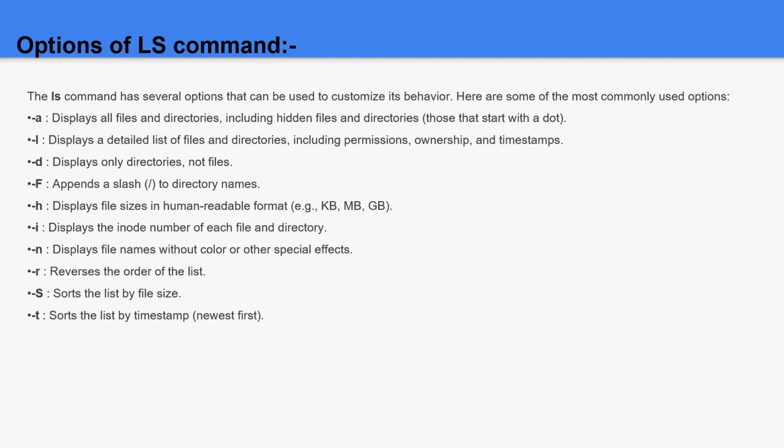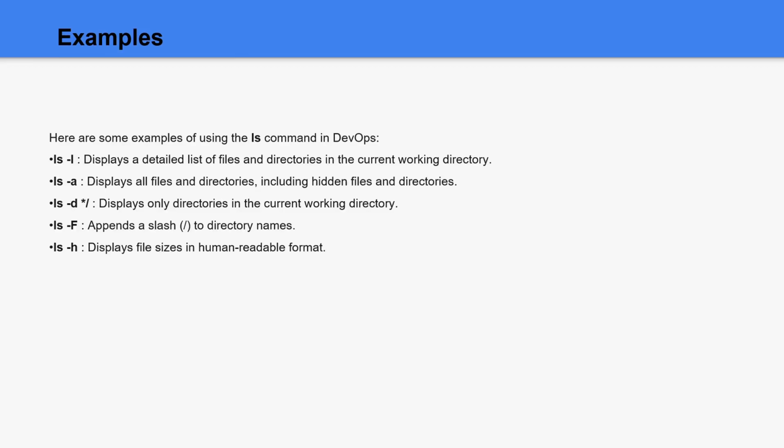We can take an example of four or five commands of ls. ls -l displays a detailed list of the files and directories in the current working directory. Like we are working in a directory and we want the files or directories listed in detail, like when they were created and the state of the particular file. So we can run the command ls -l.